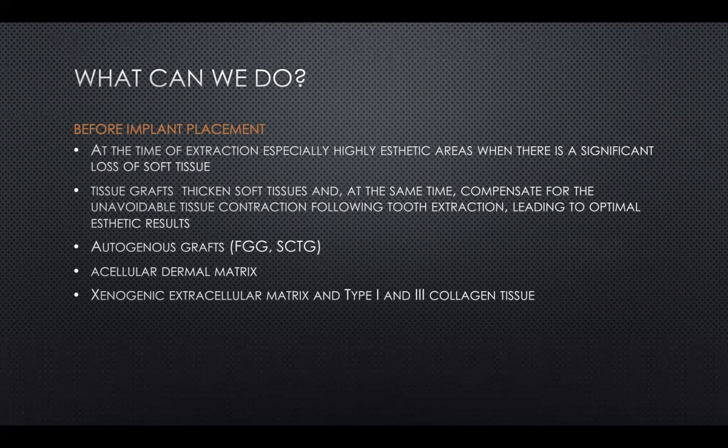We can have some alternatives, which is the acellular dermal matrix, which is an allograft, and also we have some xenogenic extracellular matrix, which is type 1 and type 2 collagen tissues, taken from bovine sources or from porcine sources.